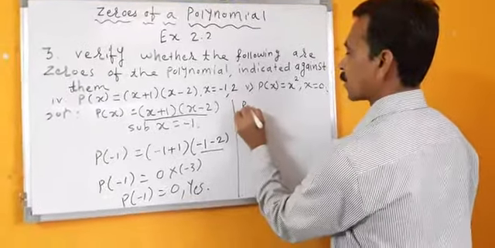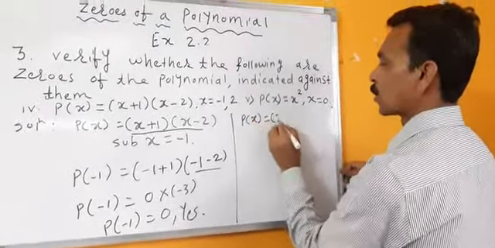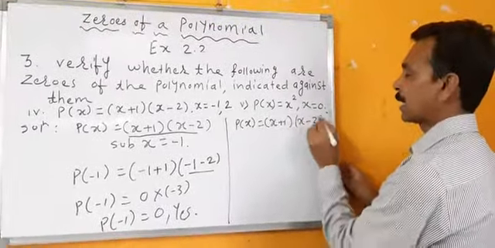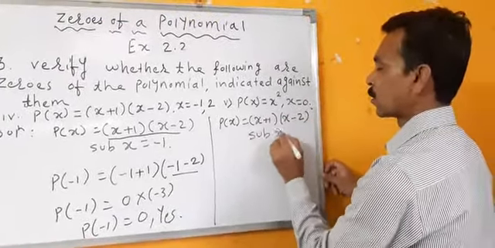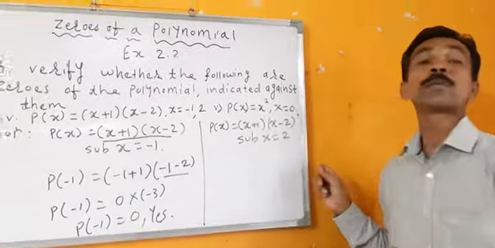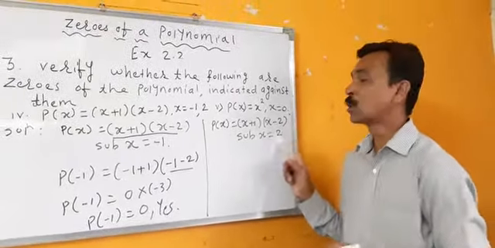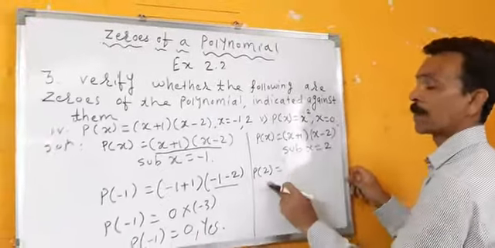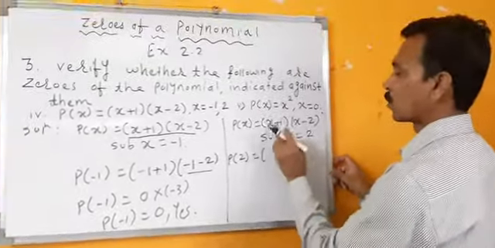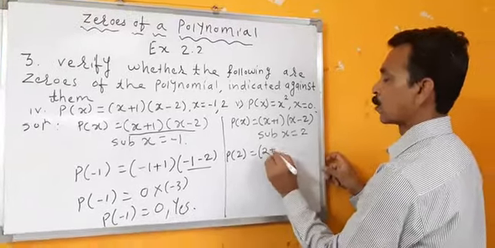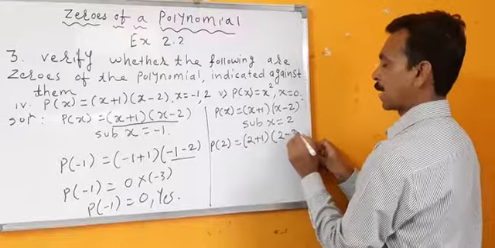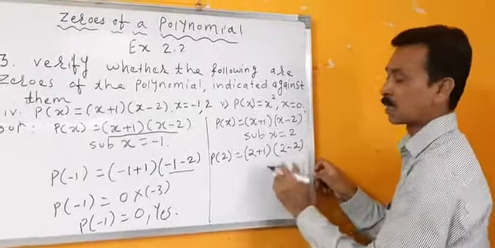Again I will write here P of x is equal to x plus 1 into x minus 2. Substitute x is equal to 2. So it becomes P of 2 is equal to x plus 1, means 2 plus 1, into x minus 2, means 2 minus 2, because the value of x is 2.